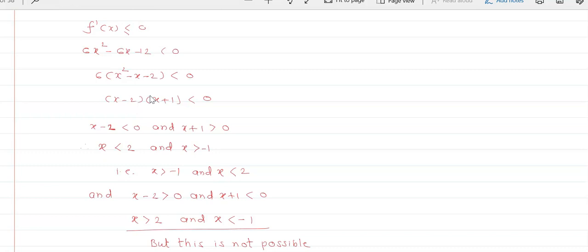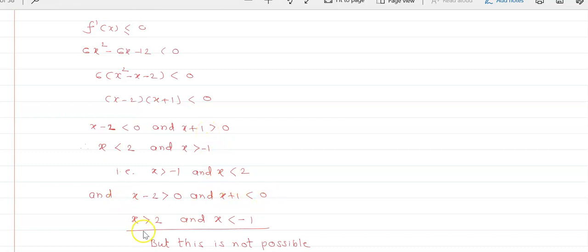And that's why here x is less than 2, and here x is greater than minus 1. That is, x is greater than minus 1 and it is less than 2. For the second, here we take the first as greater than 0 and the second as less than 0.